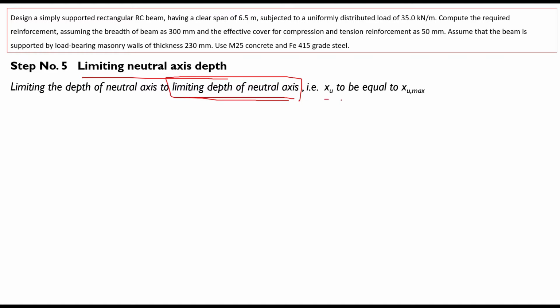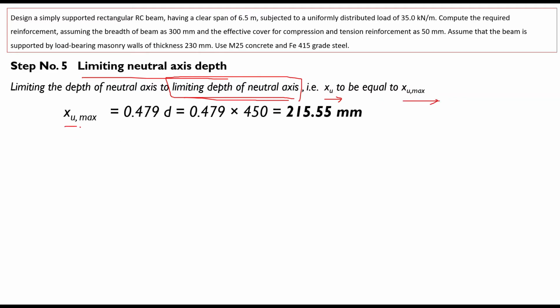So we write xu is equal to xu max. The formula for xu max is 0.479 into d. So it comes out to be 215.55 millimeter. You can see here we have limited the depth of the neutral axis to the maximum value, that is the limiting depth.